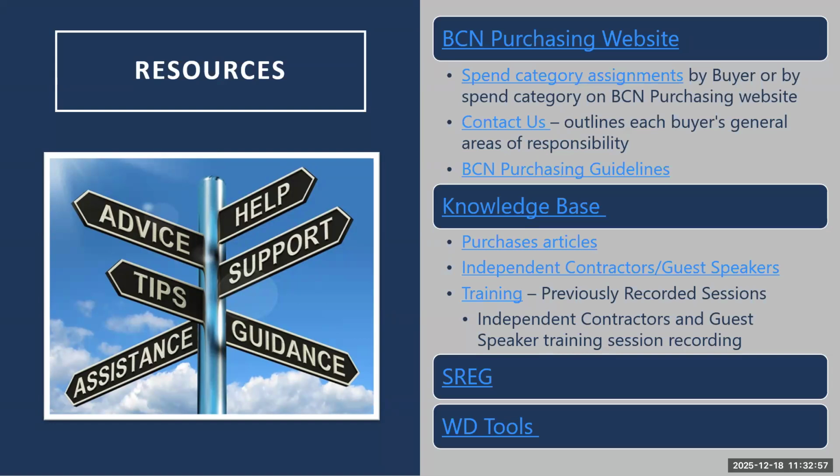Now we have a nice table of who's responsible for certain areas. You can reach out and contact them directly if you have a question on spend categories, a requisition, insurance, or anything that applies to that requisition. If you happen to get somebody whose area it isn't, they'll always direct you to the correct one. If you can't find it through the spend category or that table, reach out to BCN Purchasing and we'll make sure to connect you with the correct person.